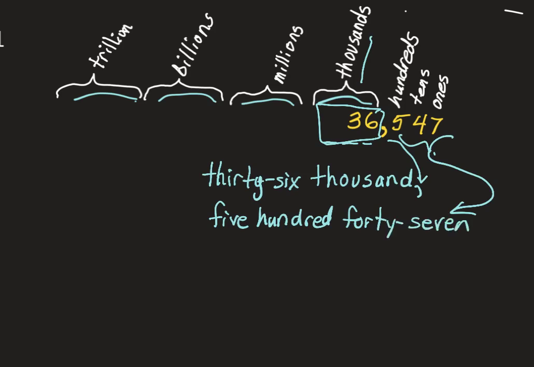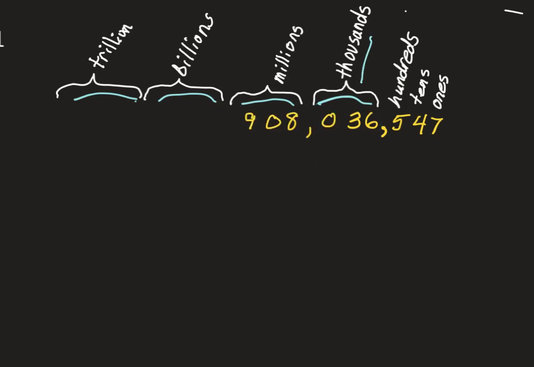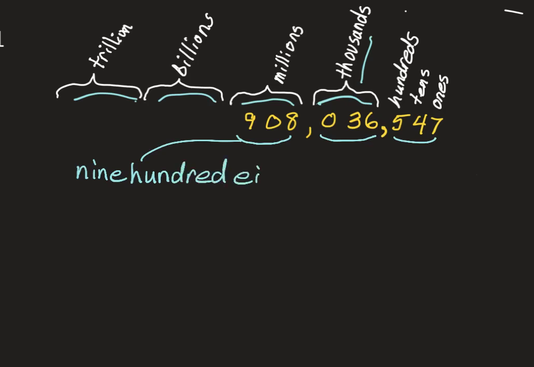Okay, let's add some more digits. Once again, we will look at these numbers 3 decimal places at a time. So first, we will write and say 900, there are no tens, and there's a 0 there. So 908 million, comma, just like that, comma. We do the next 3 numbers.